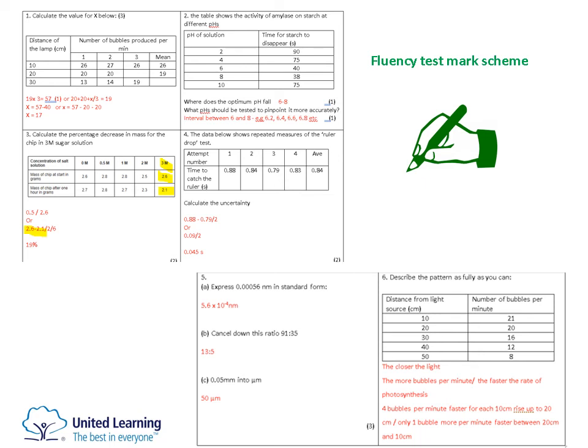I then divide it by the original, which was 2.6, and that gives me 0.19, and then I times that by 100 to give me 19%. Uncertainty, like I said, is range over 2. The difference between the biggest and the smallest divided by 2 will give you 0.045 seconds.